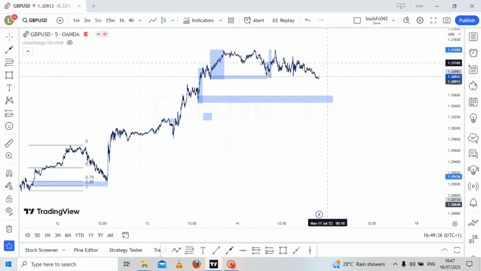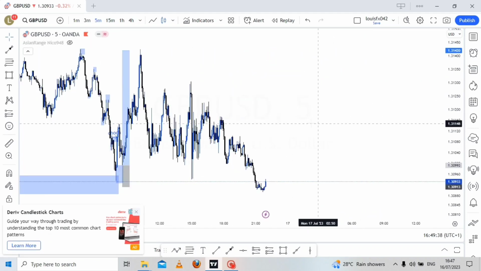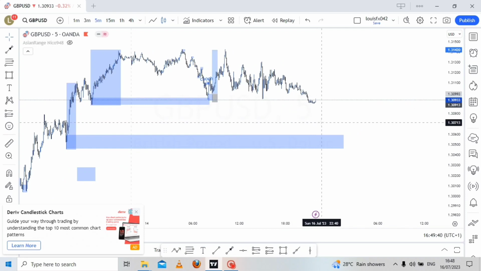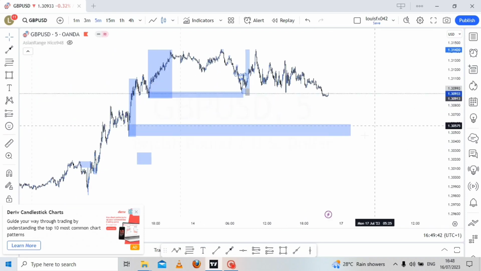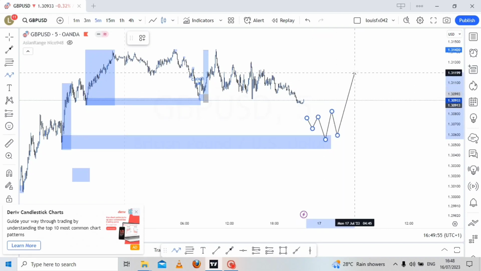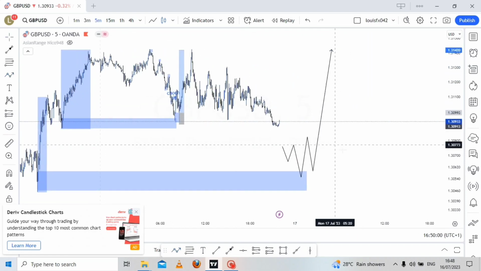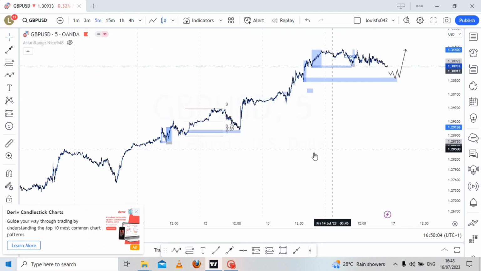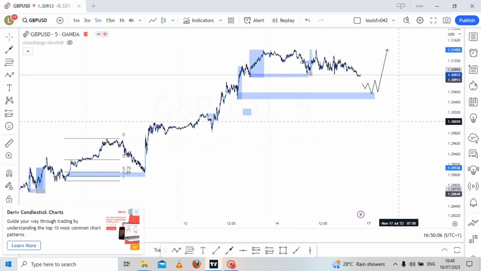So by Monday, I think I should be expecting the market to come back into this zone. And what am I going to be looking at? I want to see the market do something like this. They come into the zone and do something like this, break structure, and then they take longs, targeting this high here, or we use flip zone in case the market fails, because I know the market has been buying immensely.